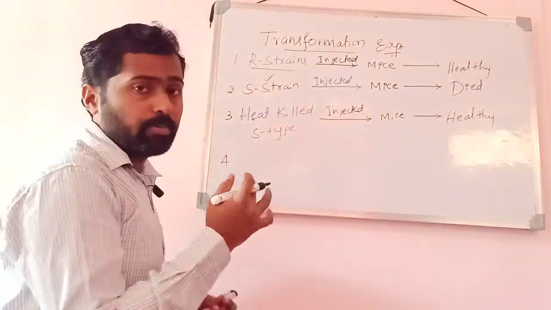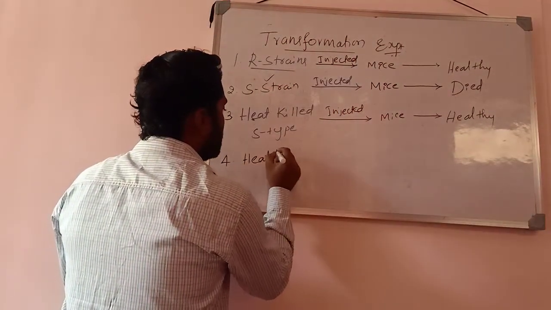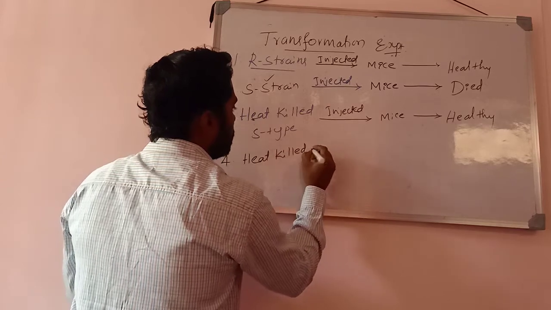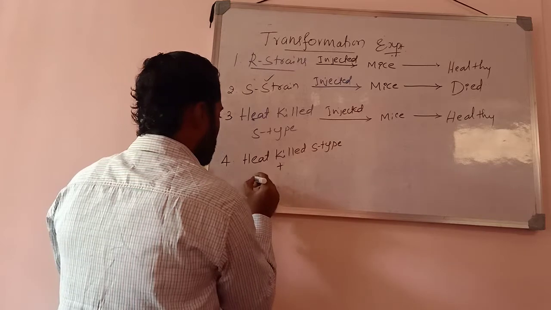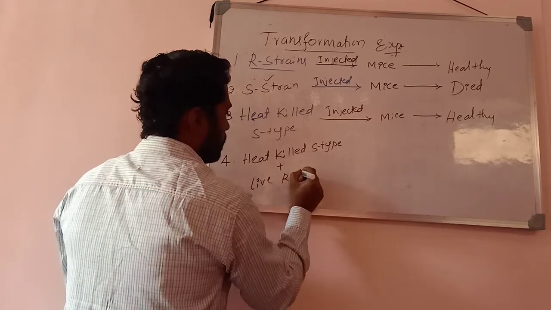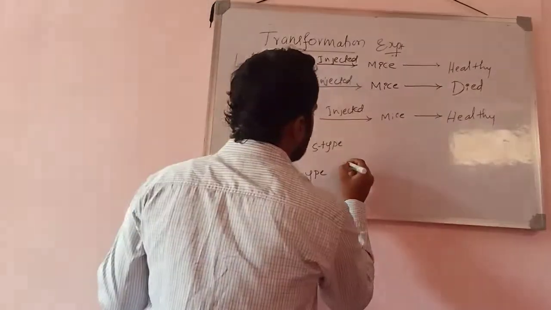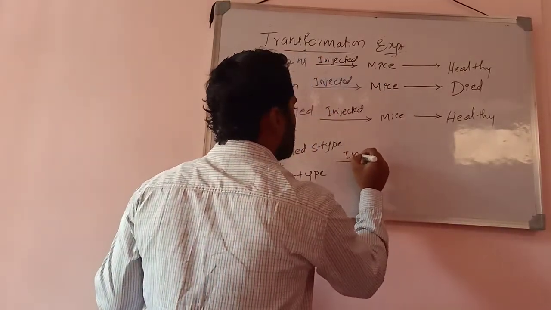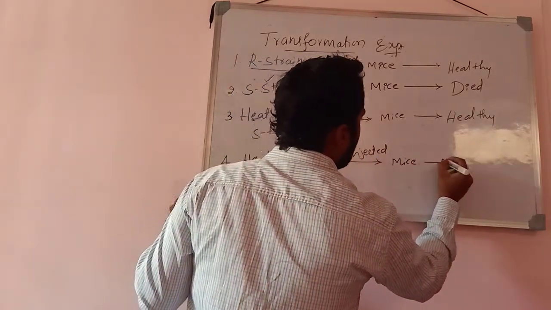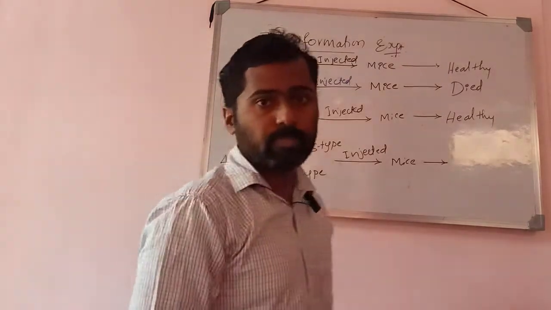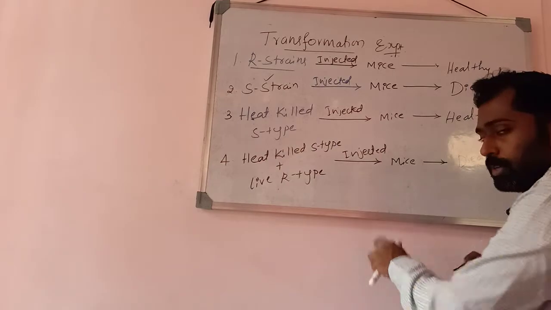In the fourth step, he used a mixture of heat killed S type plus live R type bacteria, and injected it into mice. When he observed the result, he observed that the mice died because of pneumonia.